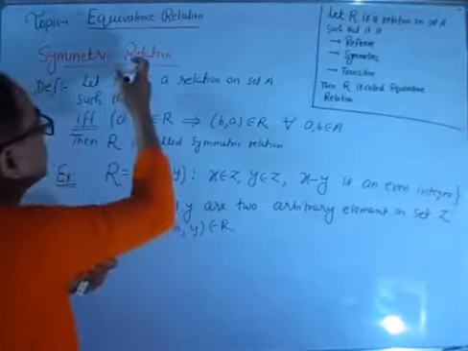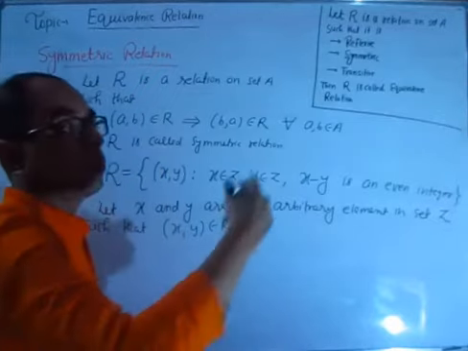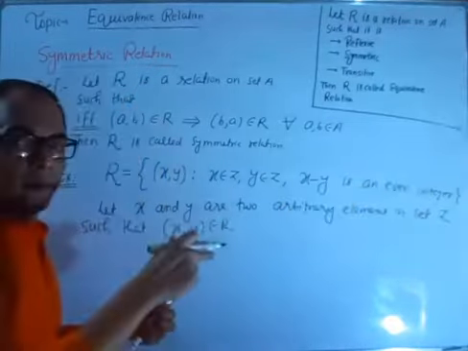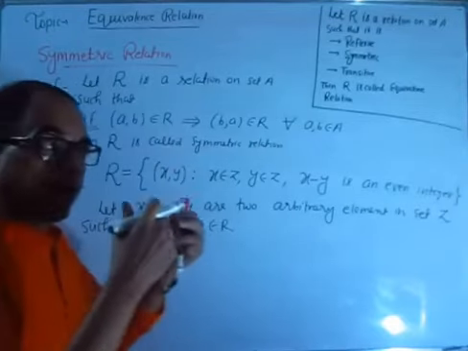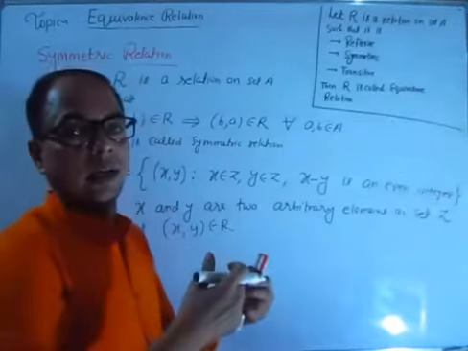Because what is the condition for symmetricity? If A is related to B, then B must be related to A. Clear? If A is related to B, then B should be related to A.